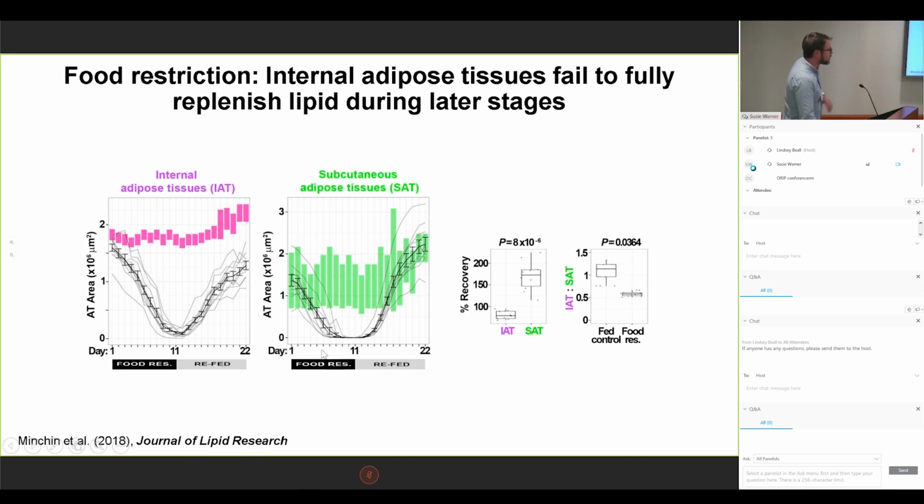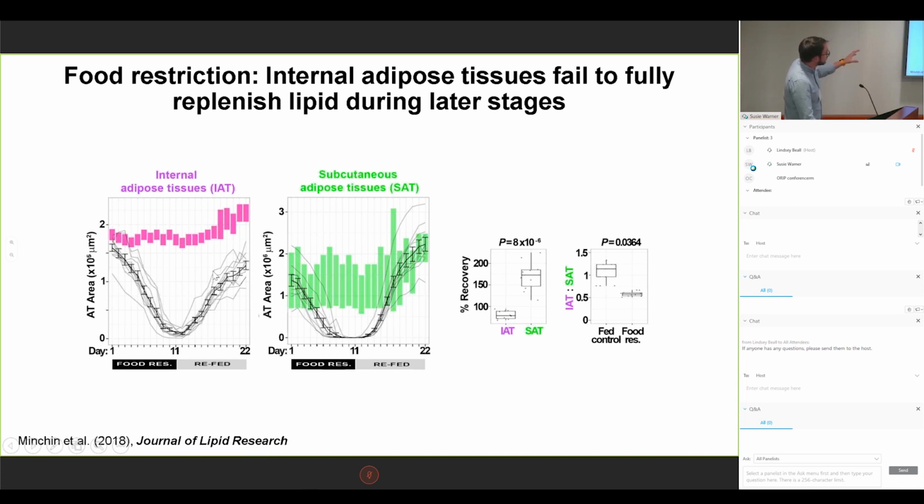And we see a similar thing. This is an example of starvation and refeeding during the later stage, the subcutaneous adipose growth stage. When you starve fish, you can see here they're losing lipid, and then when you start to refeed the fish, they're regaining lipid.